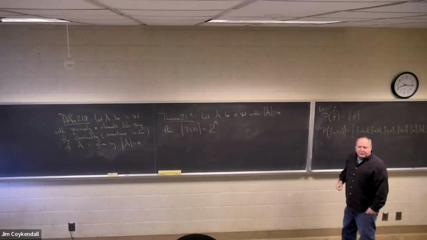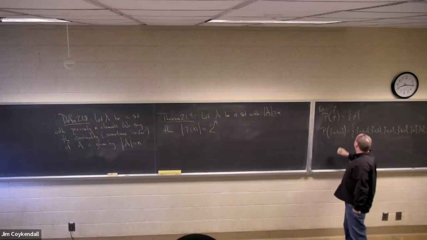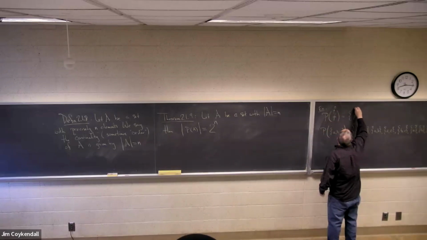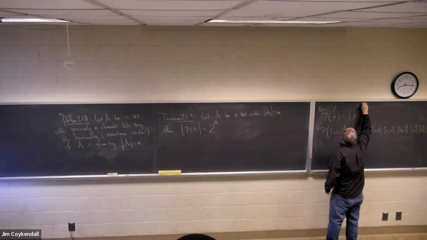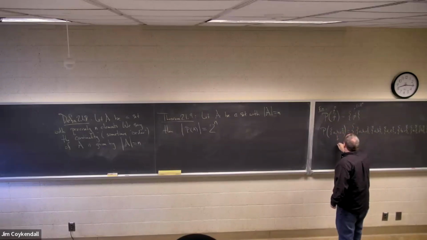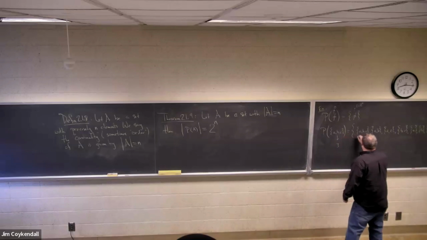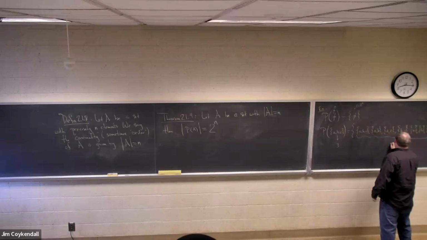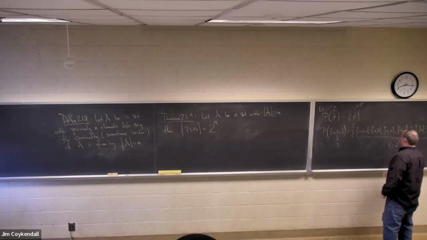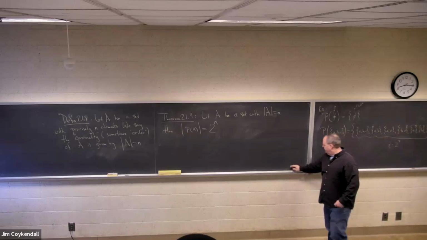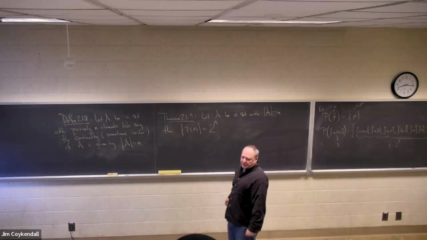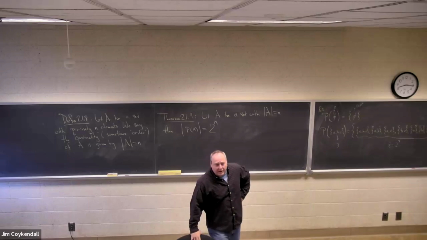The cardinality of the empty set is 0, right? And there's 1 element in its power set, which is 2 to the 0 power. The cardinality of this is 3, and here I have 8, which is 2 cubed. But of course, this could be coincidence, right? Not a proof. How are we going to show such a thing?